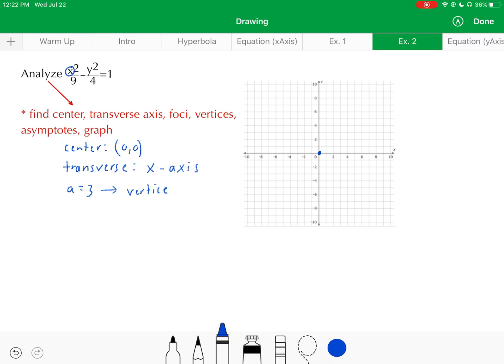My vertices are along the x-axis, so they'd have coordinates of plus or minus 3, 0. And then my b value would be 2. That's just the square root of the second denominator. So that gives me my co-vertices, which would be at 0, plus or minus 2.